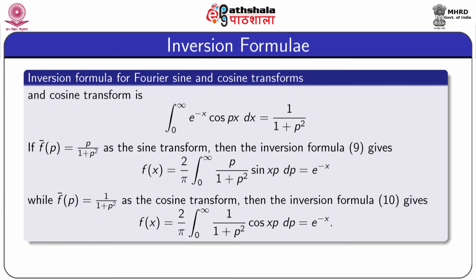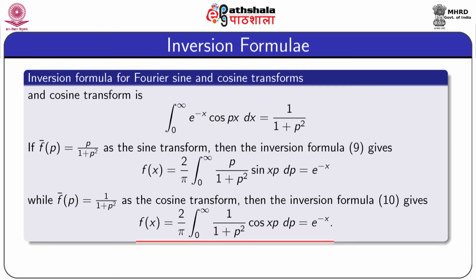To establish that, we take the transform variable f bar p as 1 by 1 plus p square. This is nothing but the cosine transformation of the function e to the power minus x. Now, we apply the inverse cosine transformation to this function.